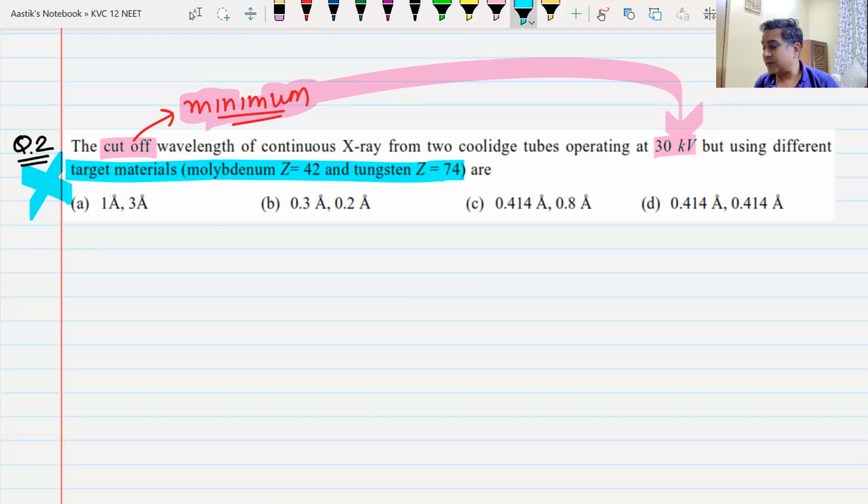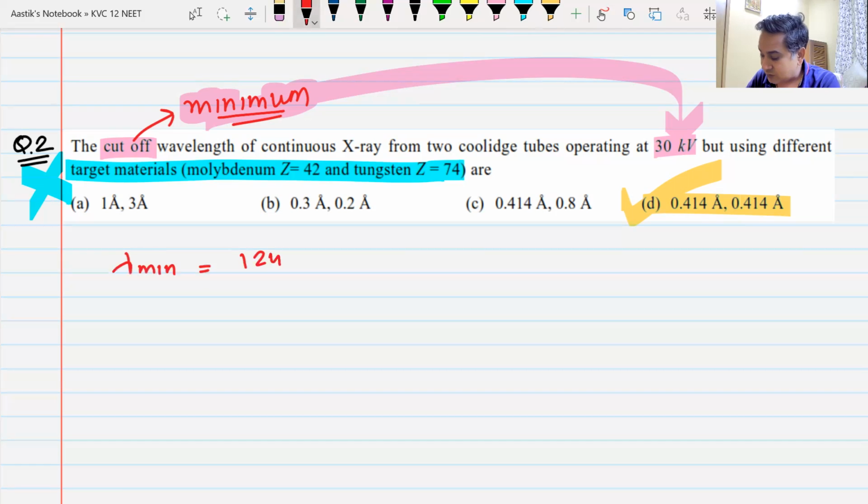There is only one option where the wavelengths are the same. And what is that option? Option D. So without calculating, you could have given me this answer. And that's why I've done this question, so that you understand that it does not depend on the metal. The only reason you would have to calculate would be if there are more options with similar answers. Anyway, you can still calculate lambda min.